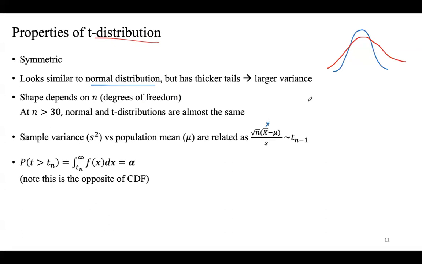So if it looks something like this, you're taking the difference of population and sample means, you're multiplying it by root of n, and you're dividing it by the sample standard deviation, then that new random variable follows t distribution with degrees of freedom n minus 1.